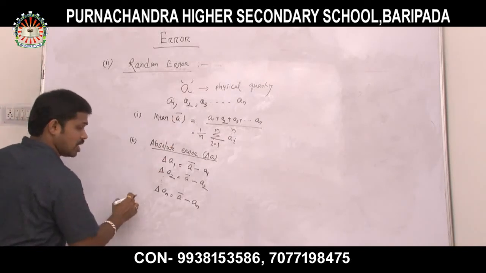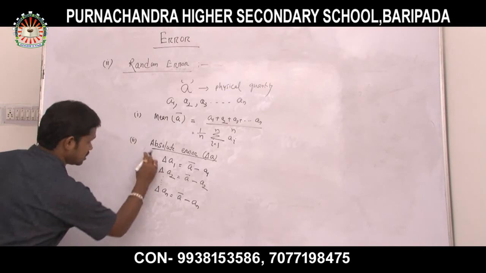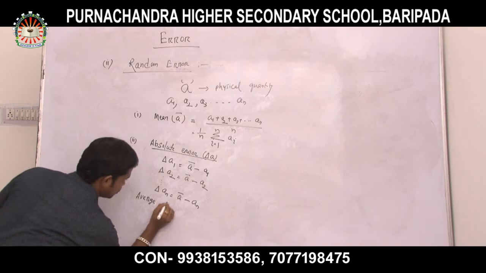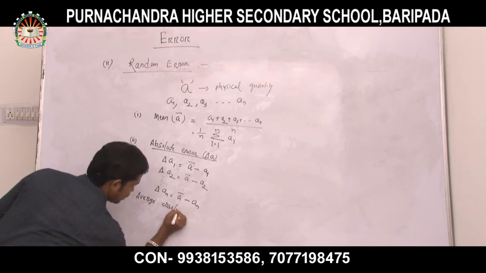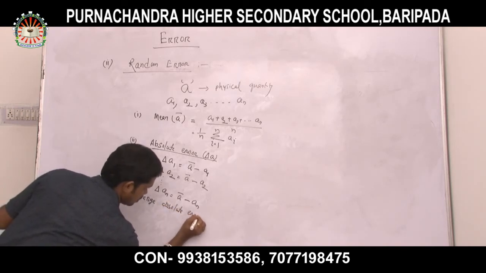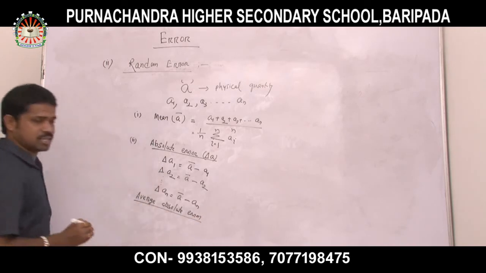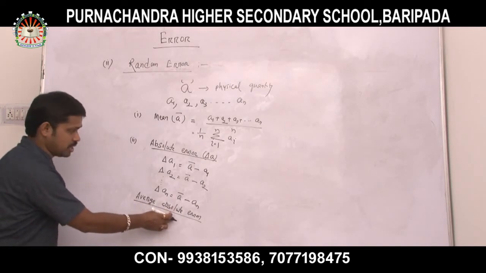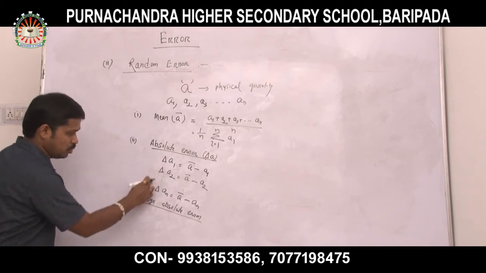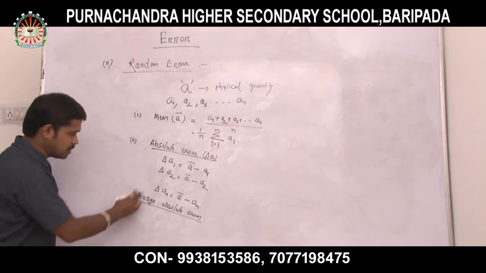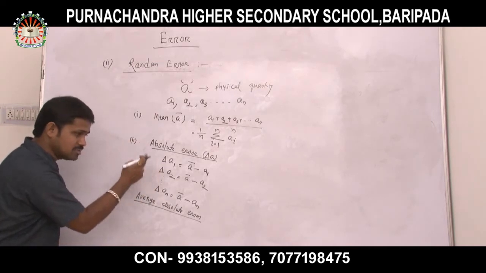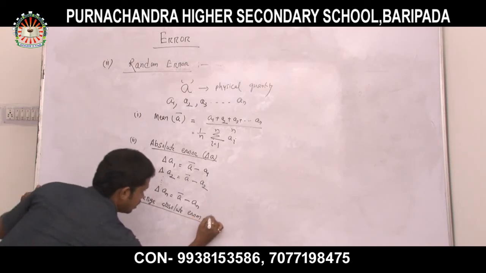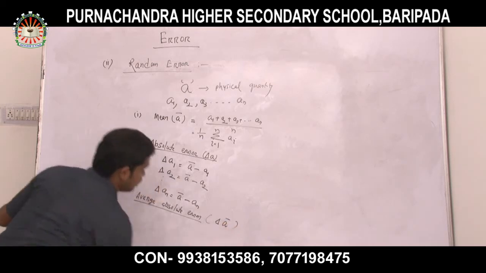So the next part is the average absolute error. When finding the average absolute error, we have to take the average of these values. But as I told you, these values can be positive or negative. The average absolute error is denoted as del A bar.